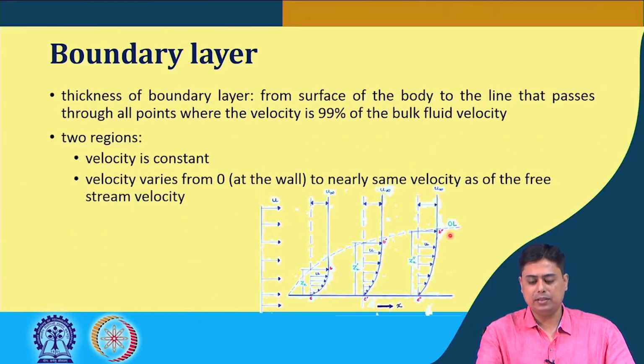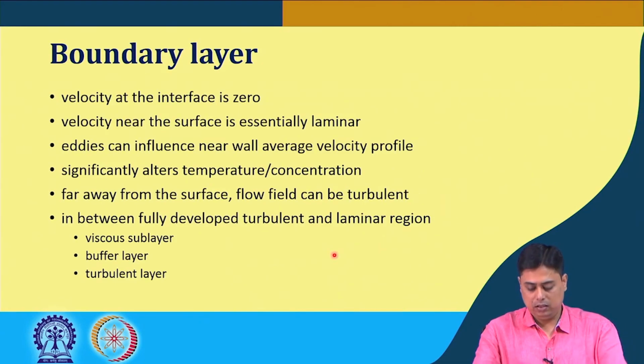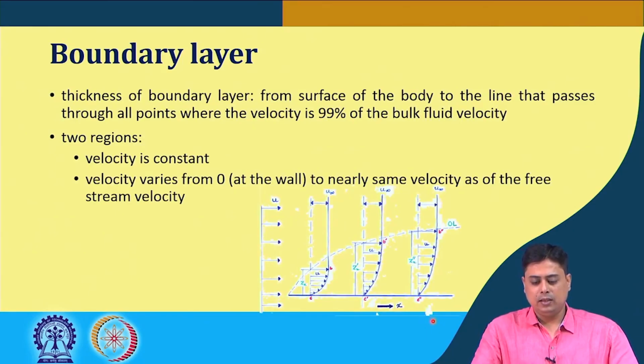This imaginary line is the boundary layer thickness at a certain distance from the leading edge of the solid flat plate. The boundary layer divides this region into two segments: in the outer region the velocity is constant, and inside the boundary layer the velocity varies from 0 at the wall to nearly the same velocity as the free stream velocity, or the bulk fluid velocity.